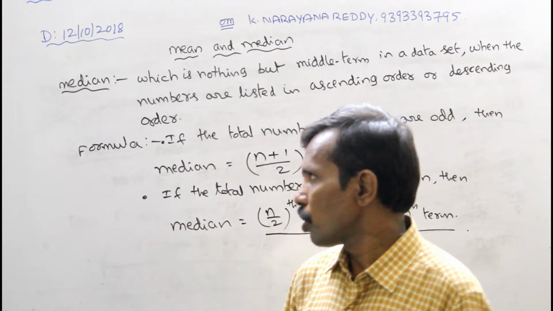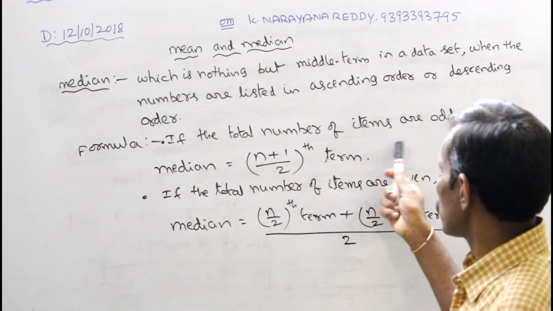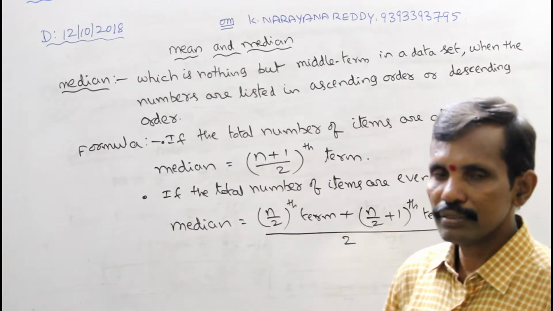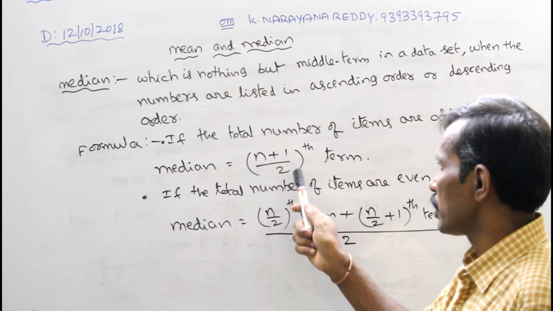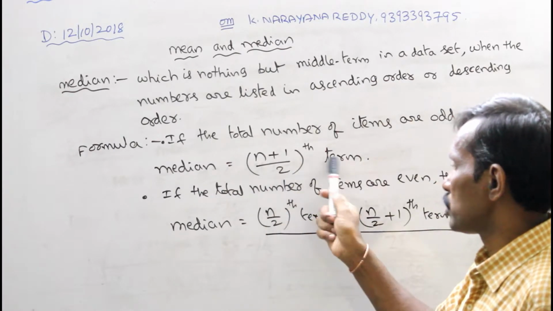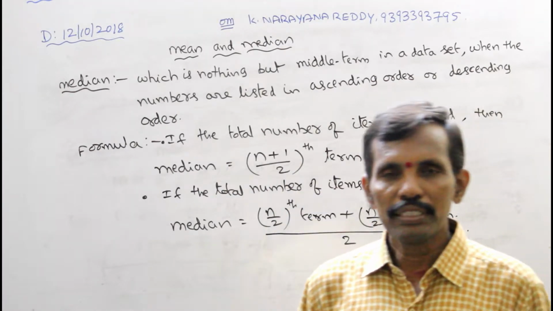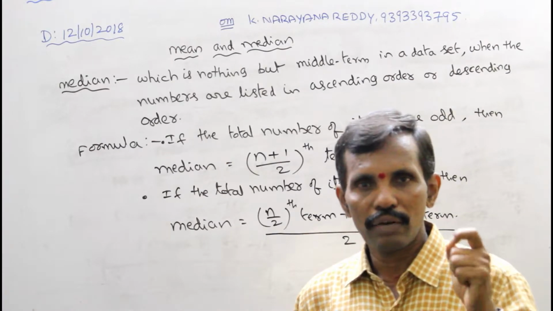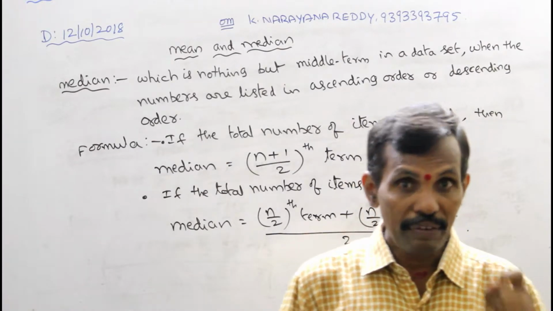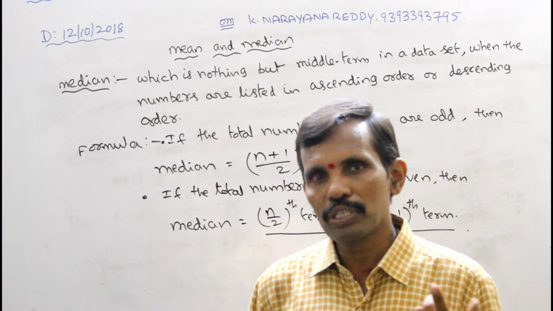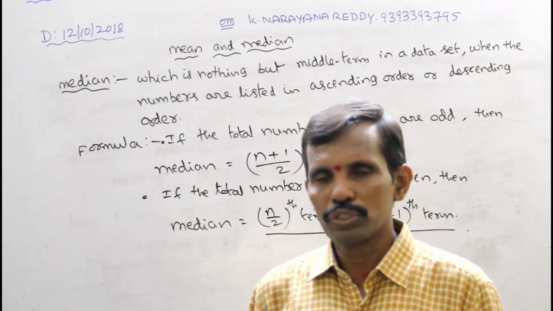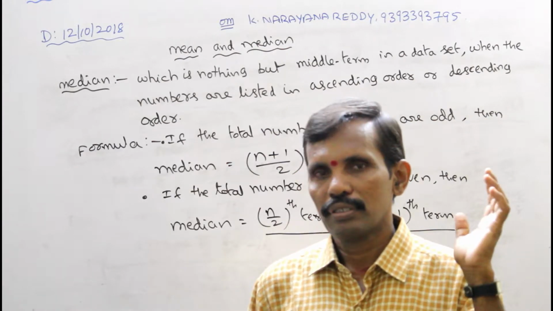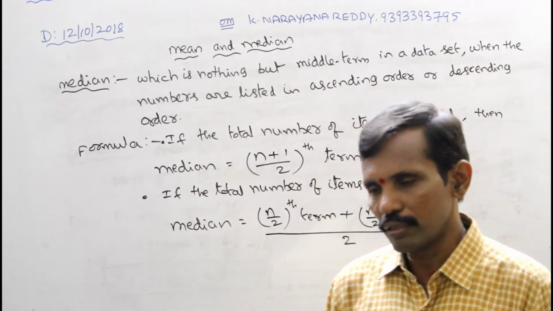If the total number of items is odd, then the median is the (n plus 1) by 2 th term. That means if there are 11 items, the median is 11 plus 1 by 2, which is 12 by 2, so the 6th term is the median. That's all, whenever it is odd.